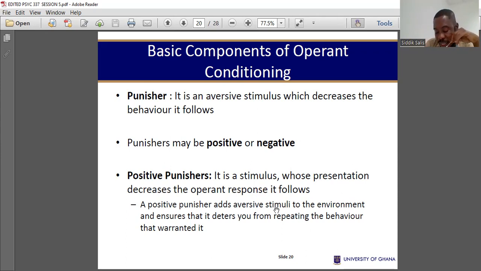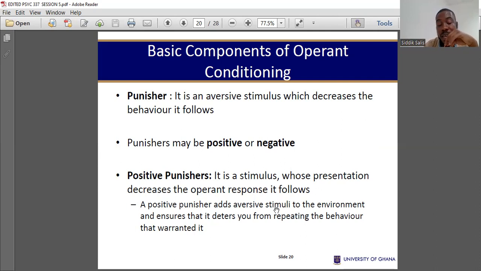So positive punishment and negative punishment. Positive and negative here are also mathematical. Positive punishment means you are adding something unpleasant that the person doesn't like, so that the behavior the person displayed will be discouraged, or as I will say, weakened, so that the person will not repeat it again.